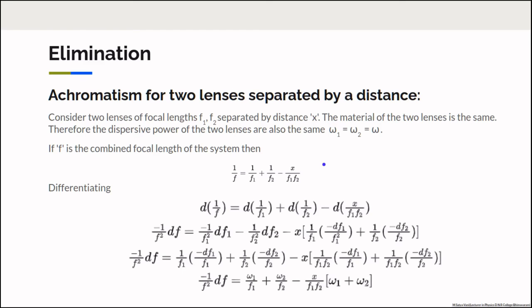Next one, the second case for the elimination of chromatic aberration, that is achromatism for two lenses separated by a distance. In this case, we take two coaxial lenses of focal lengths f1 and f2, separated by some distance x.